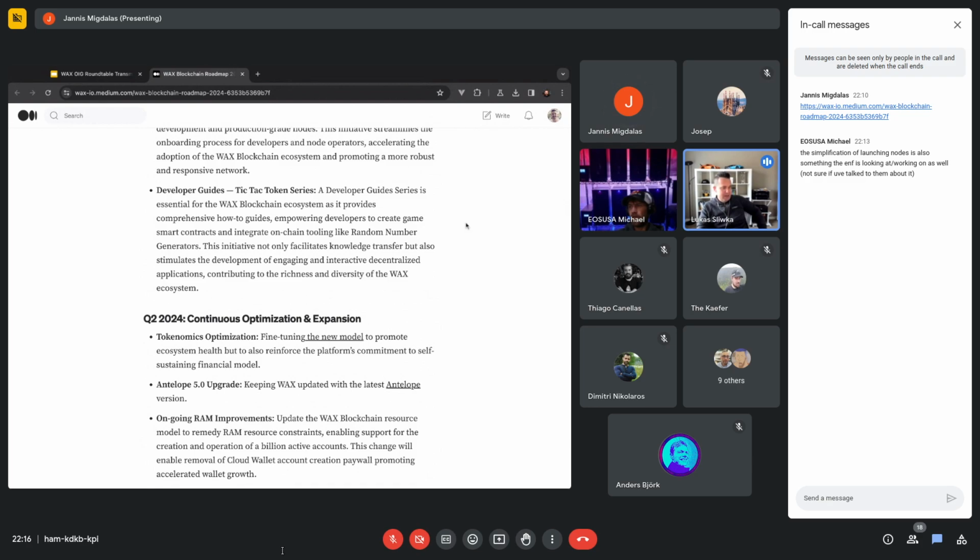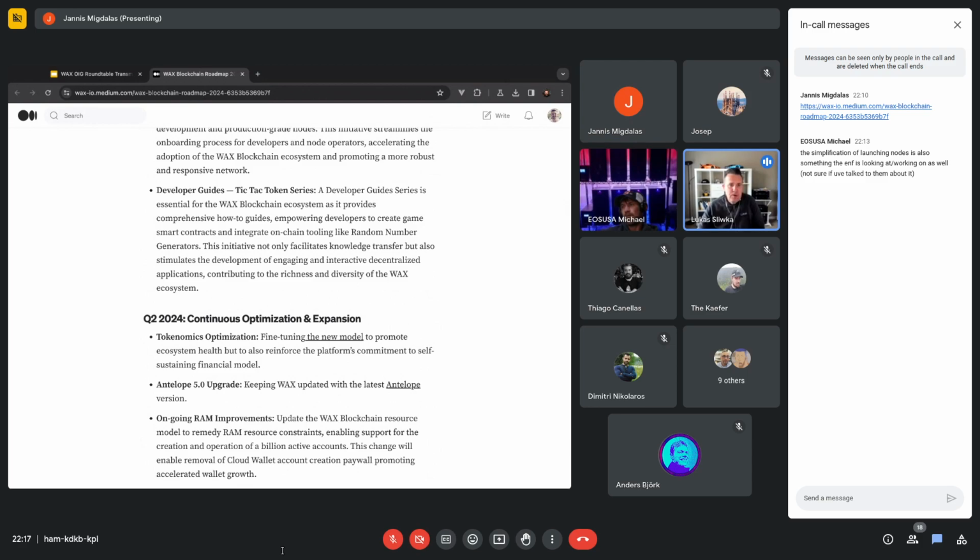Because I keep hearing from a lot of people that they hear about Wax, they come to our ecosystem, and it's painful to find support and find documentation to be able to build things. Fully agree. I mean, the rebranding from Eosio to Antelope didn't make things much easier when looking for documentation and examples and actual code to use.